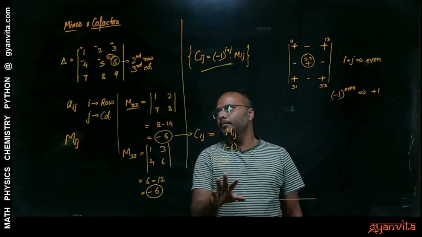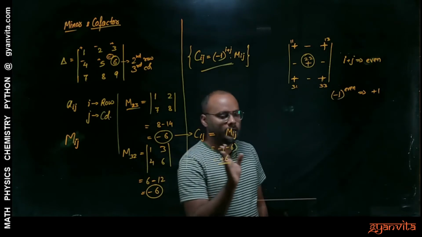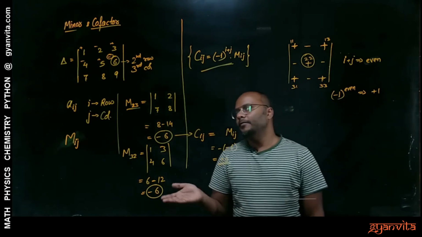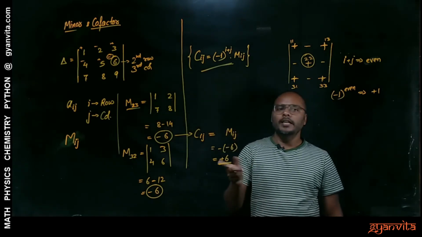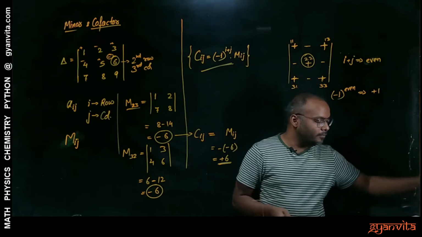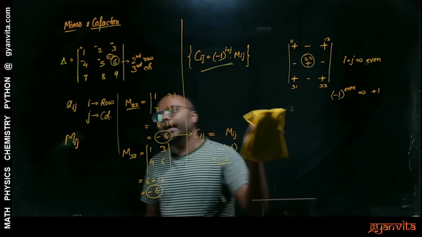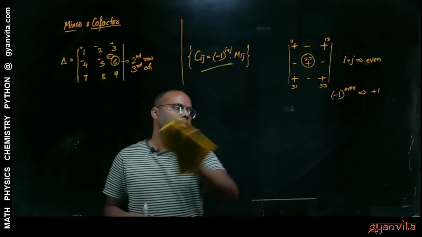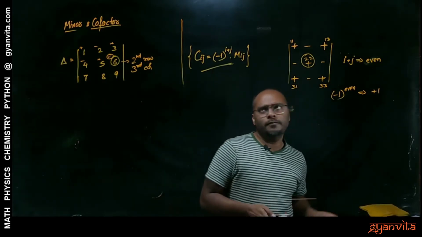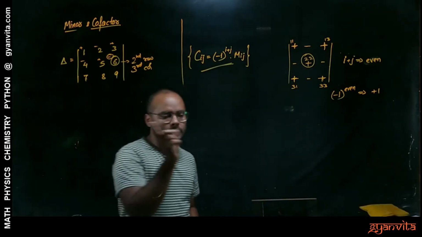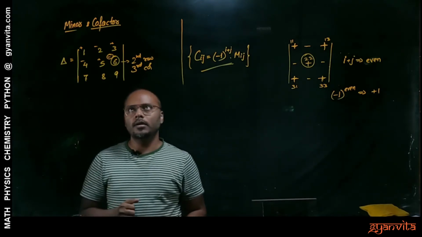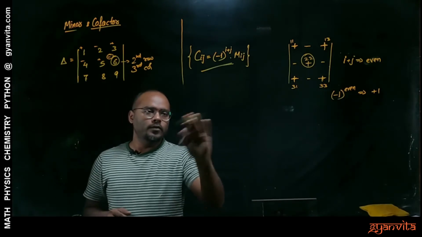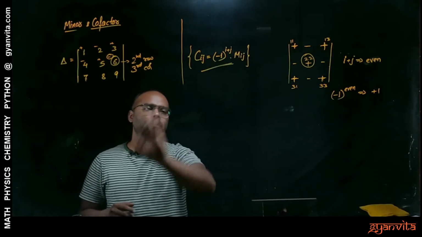That is clear. So this is about minor and cofactor. So you can be asked to find cofactors of different elements, or maybe in some questions you will see that you will have to find cofactors for all the positions. Anyways, now observe something: if you are finding minors and cofactors along a particular row or column, suppose I am finding cofactors, for which I need to find minors as well.